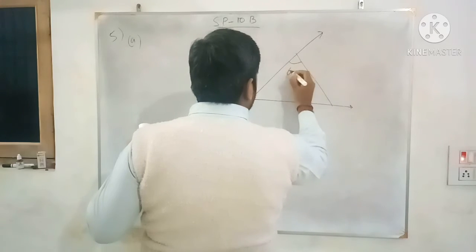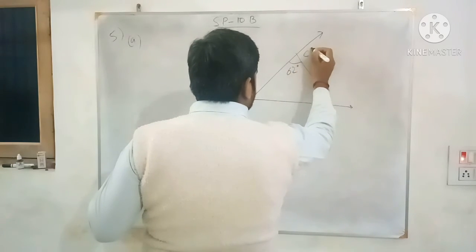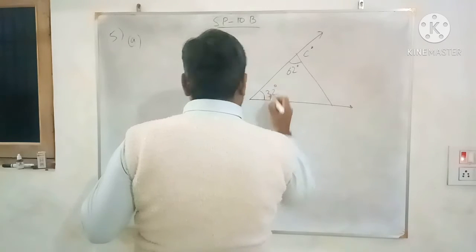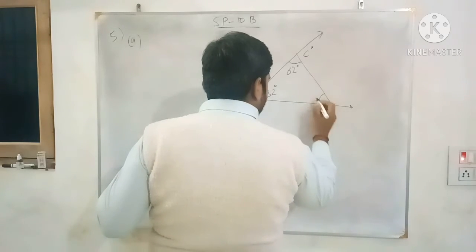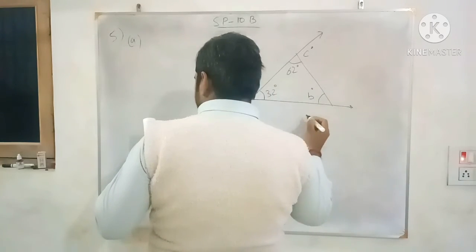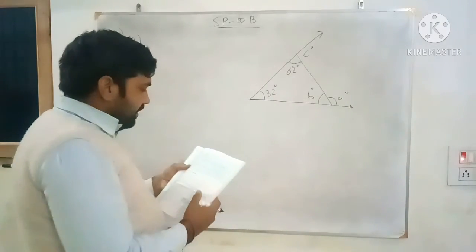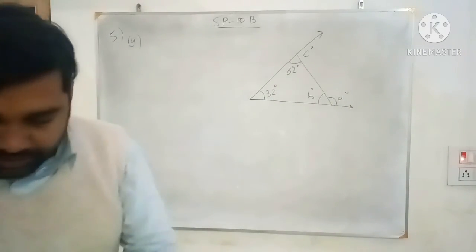That is 62 degree. That is C degree. And this one angle is 32 degree. This angle is B degree. And that angle is A degree. So we have to find this unknown angle without using the angle sum property of the triangle.